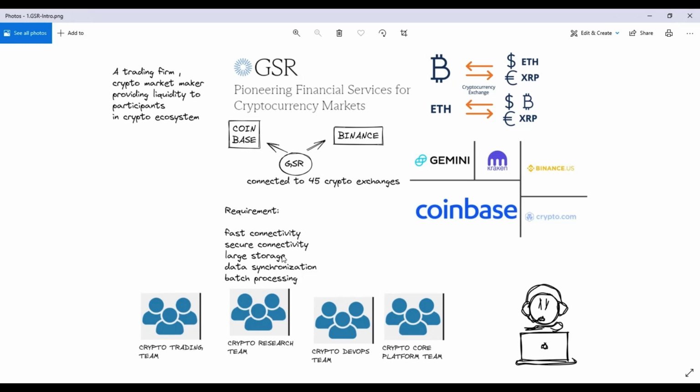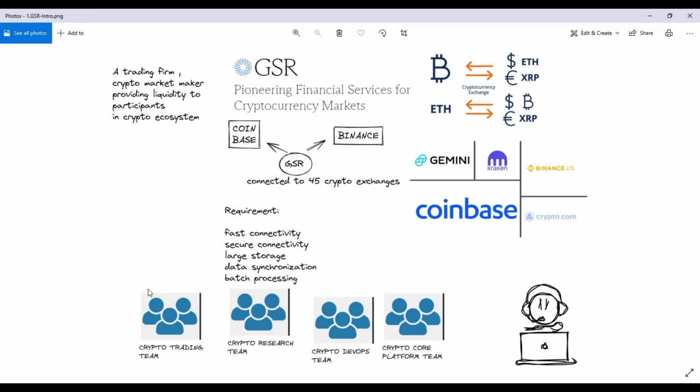Once we have storage, one of the requirements is synchronization. And once we have data stored somewhere, we need to do some kind of processing, so we will have to do some kind of batch processing. These are some of the scenarios we could jot down in the context of this particular problem.